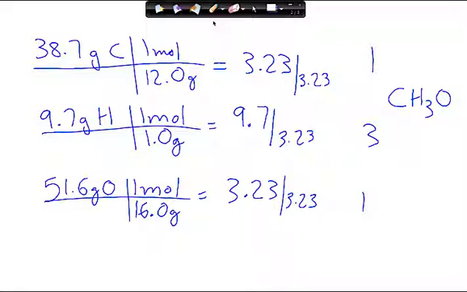So guys, here we go. What is the mass of carbon? 12. What's the mass of hydrogen? 1 times 3. What is the mass of oxygen? 16. So we add those up, and we've got 15 and 16 is 31. So the empirical mass is 31.0 grams per mole. So what do we do with that?